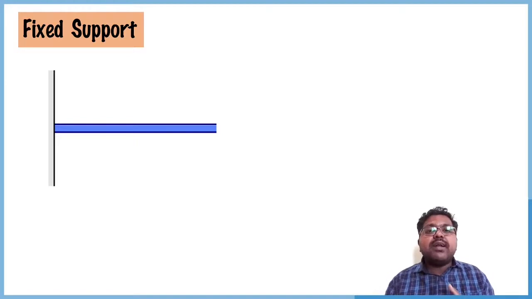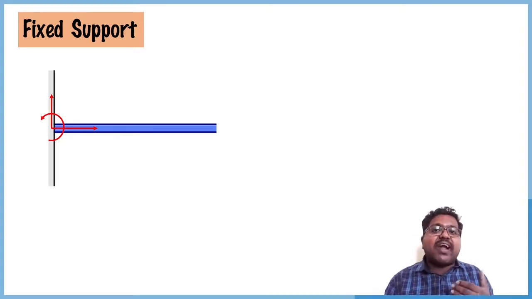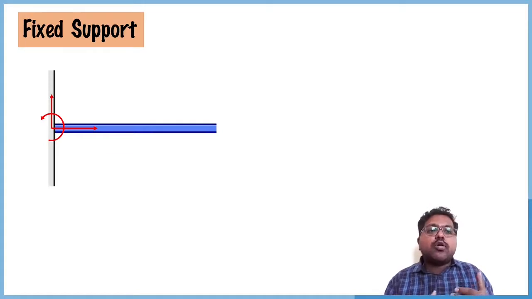So the member will try to produce reactions at that support in both translations and rotations. See here, in this fixed support, we have reaction forces in both translations, the x and y directions, and also rotation in that plane. All three are restricted, so we have reactions in all three directions.